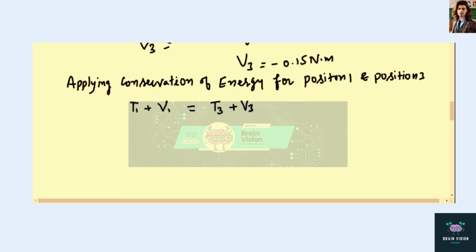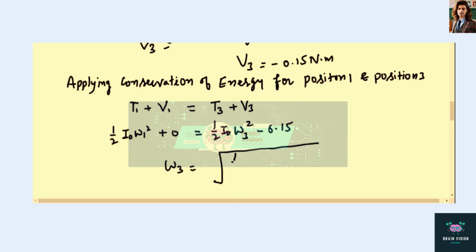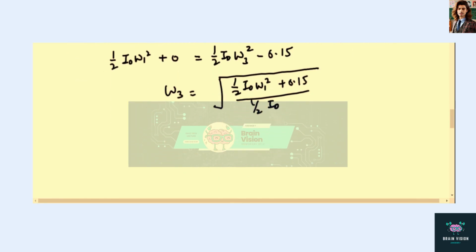T1 is half I O omega 1 square. Potential energy is 0. Half I O omega 3 square minus 0.15. So from here, value of omega 3 we can calculate: half I naught omega 1 square plus 0.15 upon half I naught. Substituting the value, we will find the value of omega 3.